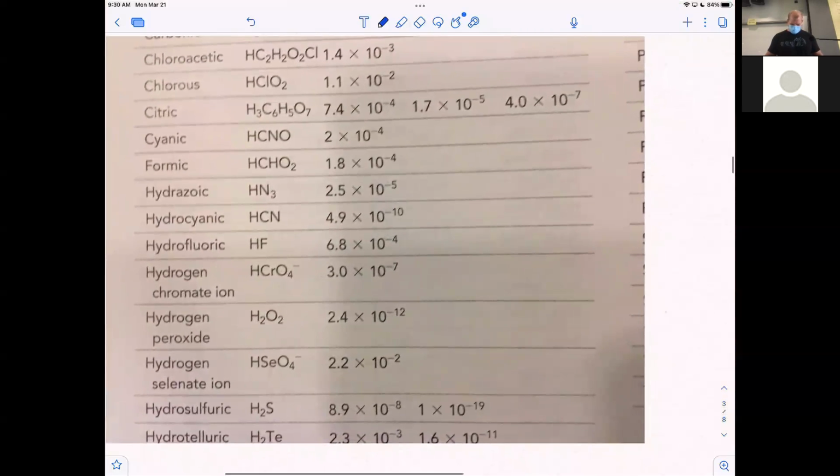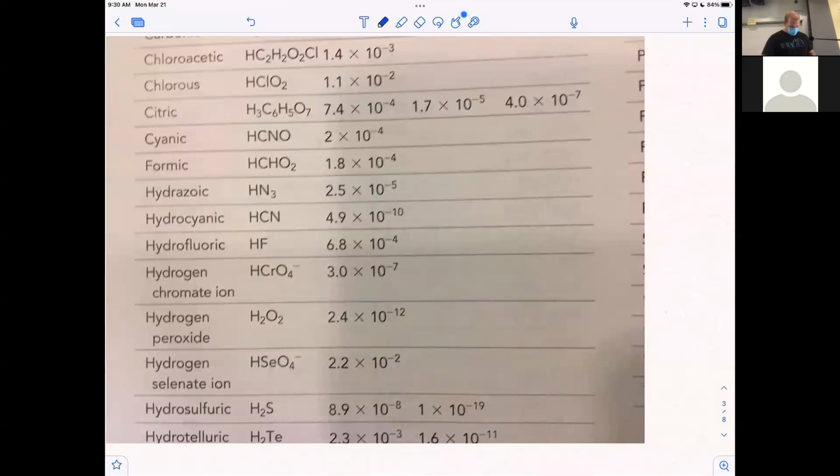So here are some acids, and here are the Ka values. Like I said, it just depends on the size of the equilibrium constant.